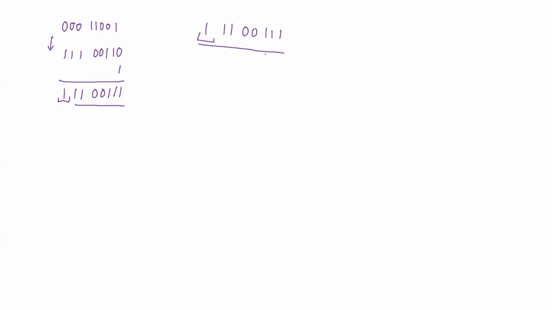So 1's complement is 0 0 0 1 1 0 0, and now add 1 to this. This gives you 1 1 0 0 1. So this is 25, and as this bit is set, this is your minus 25. This is minus 25.